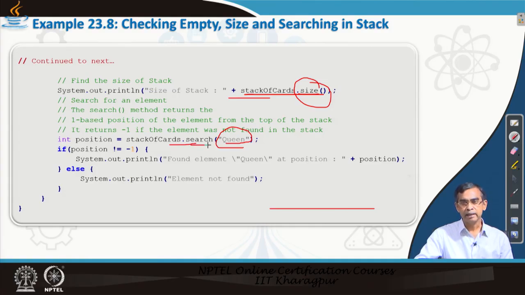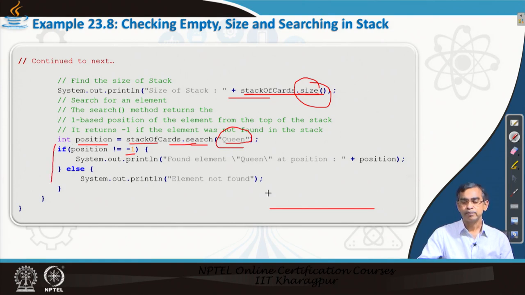The method is defined in the Vector class, and is available for the stack object. It basically searches, and if it is found, it will give the index of the location at which it is found. If it is not found at any location, it returns -1, and then you can check whether the element is present or not.